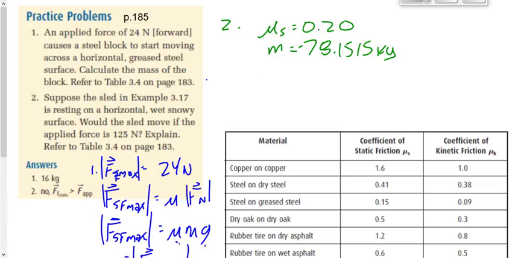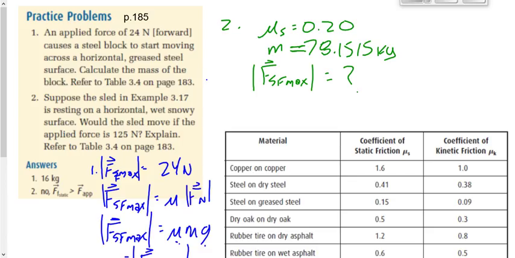Let's find the maximum force of static friction. But wait a second, don't we already have the maximum force of static friction? No. This 125 doesn't tell us that's what it takes to get it moving.